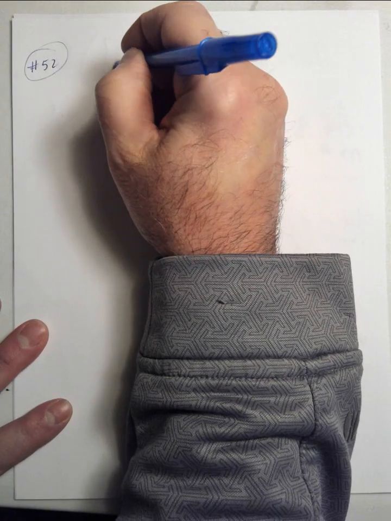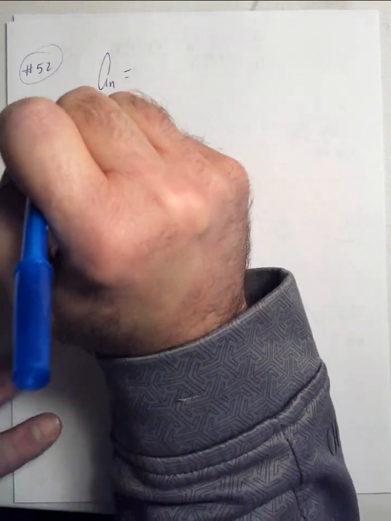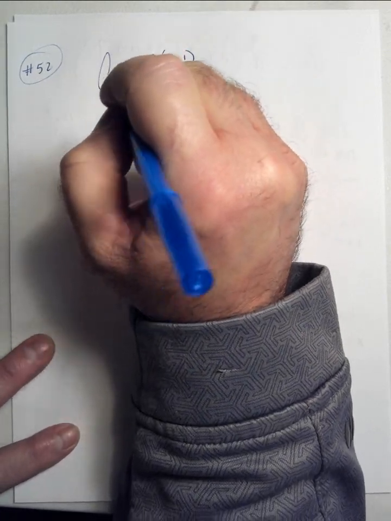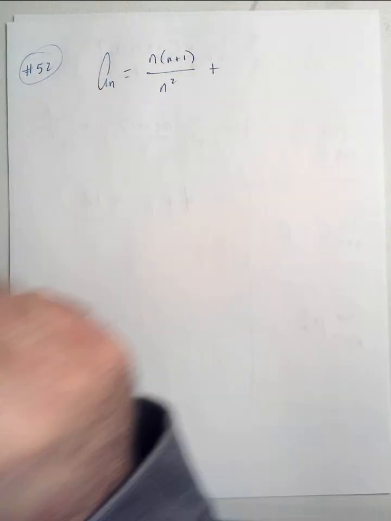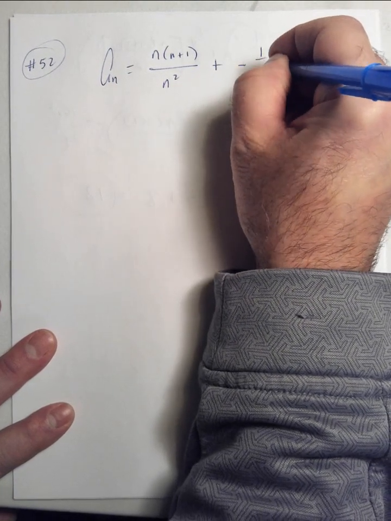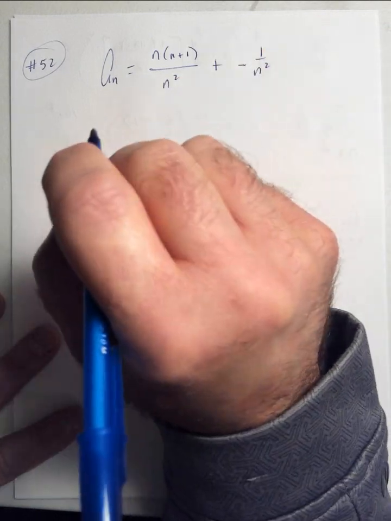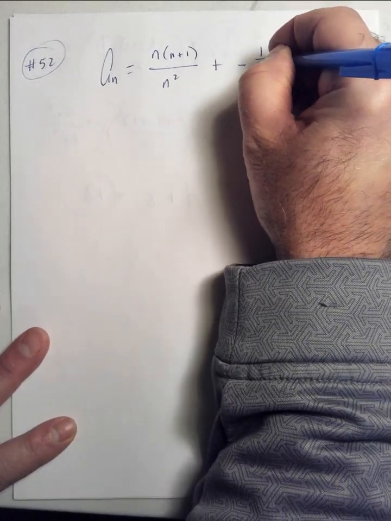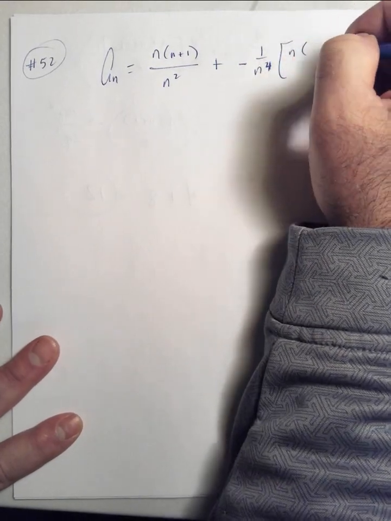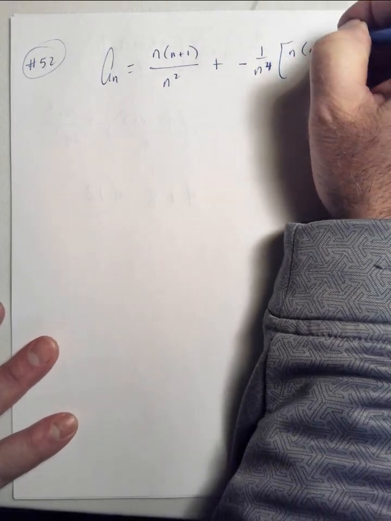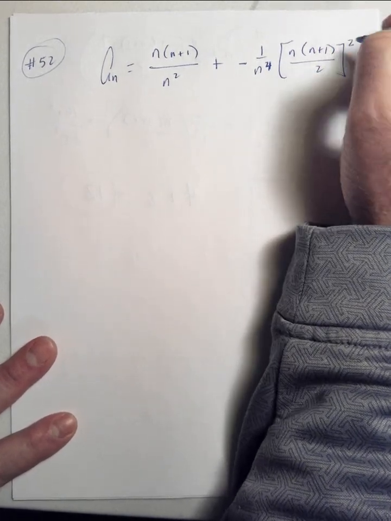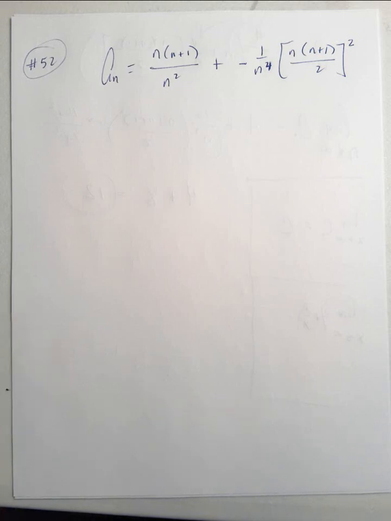We have a sub n equals n times n plus 1 over n squared, plus negative 1 over n squared, oh sorry, that's n to the fourth, times n plus 1 over 2 squared.